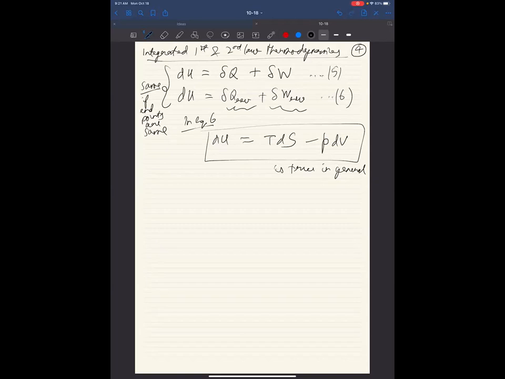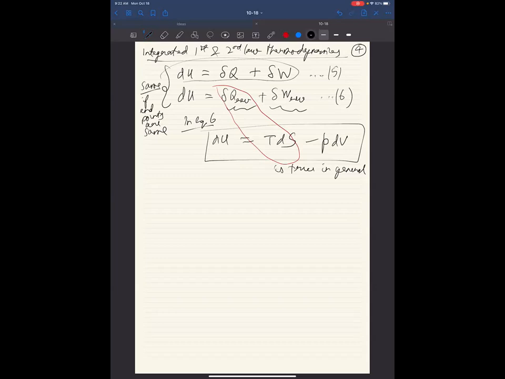And in this equation, what you have done is integrate the first law and the second law of thermodynamics in the same equation, right? In order to get this equation, you started from dU is equal to delta Q plus delta W. But at the same time, you equated delta Q reversible to TdS. That is an equivalent statement of the second law of thermodynamics.